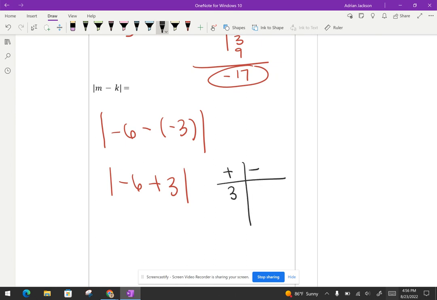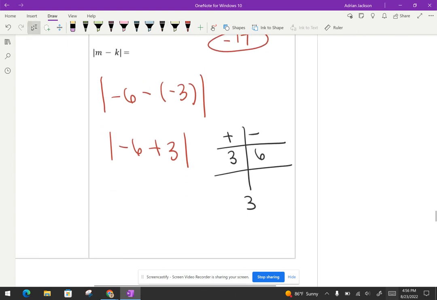I have 3 on the positive side, 6 on the negative side. The difference between these two numbers is 3, but the bigger one is negative. I have more over here on the negative side, so my answer is negative 3. So the absolute value of negative 3 is 3.